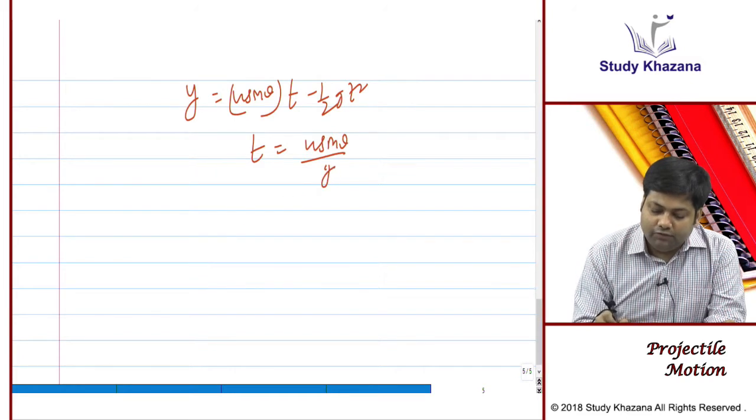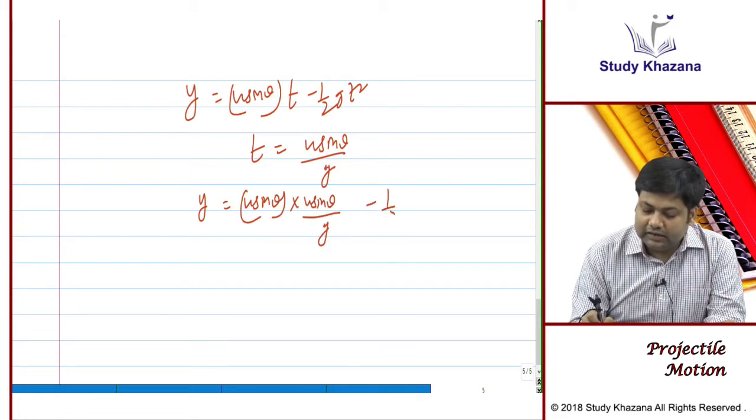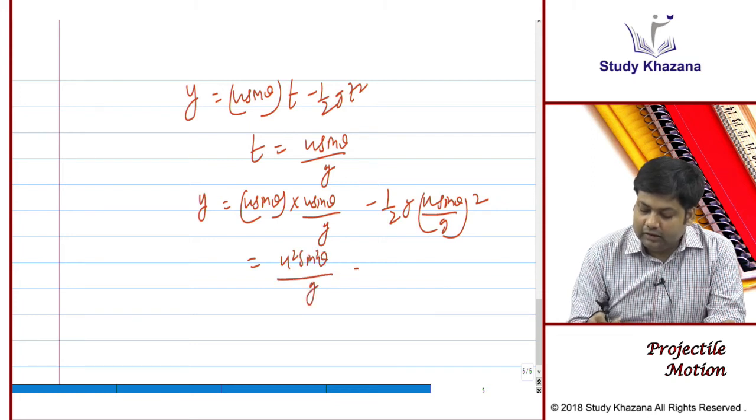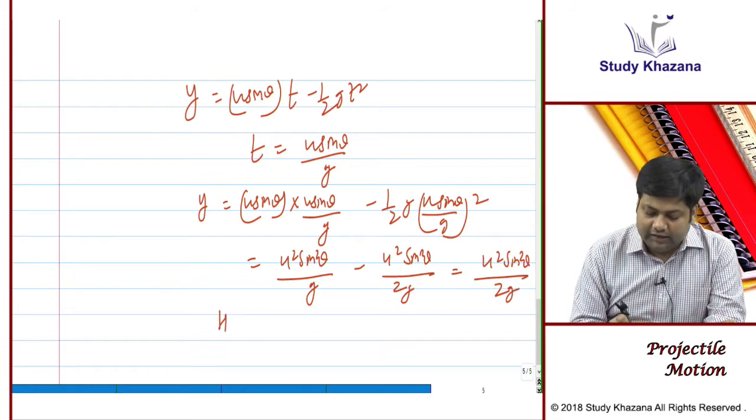If we put the value of u sin theta by g, we get y equal to u sin theta into u sin theta by g minus half g times (u sin theta by g) whole square. Now, if you see, u square sin square theta by g minus u square sin square theta by 2g, and solving, finally we get u square sin square theta by 2g. This is the value of h, the maximum height.